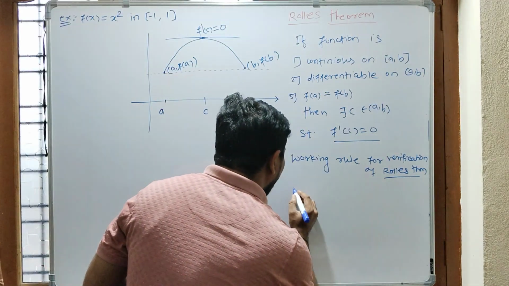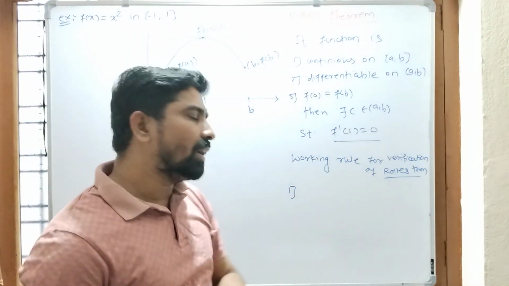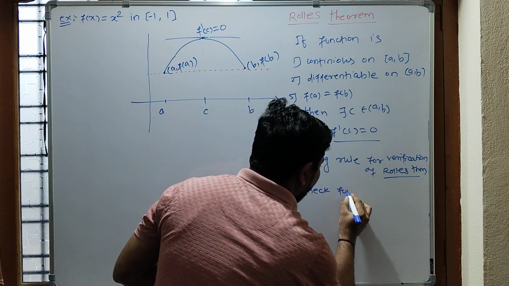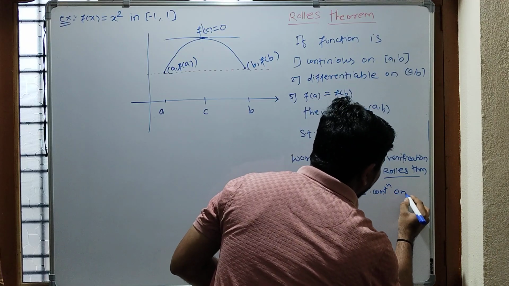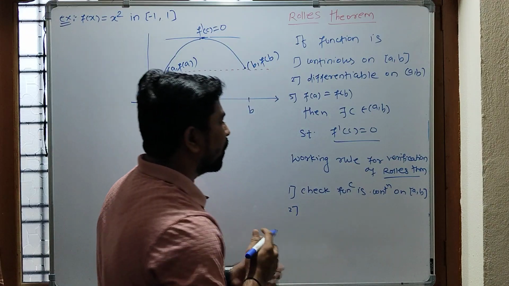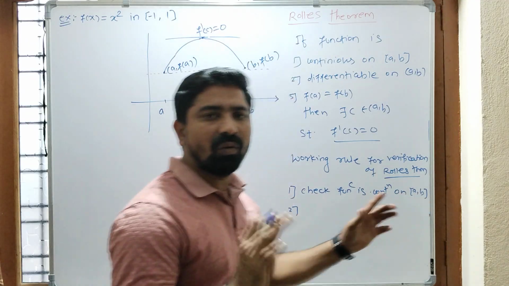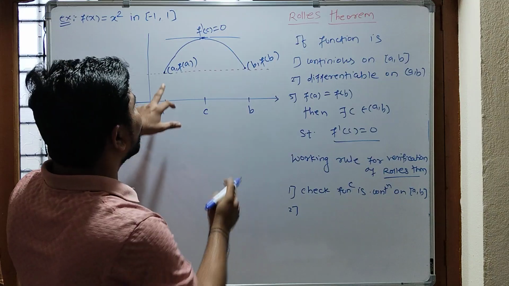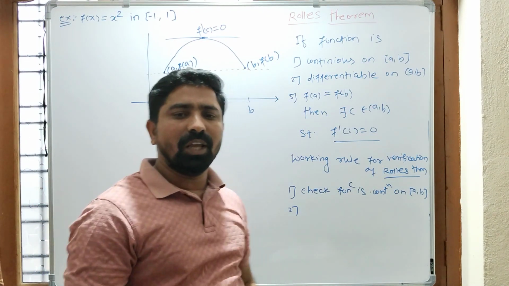The first working rule, like in the statement: check the function is continuous on the closed interval [a, b]. We have to check whether the given function is continuous on the closed interval [a, b] or not.